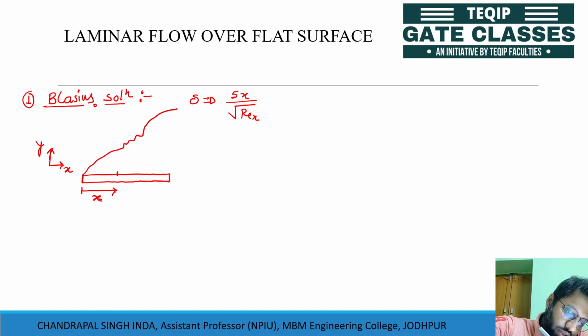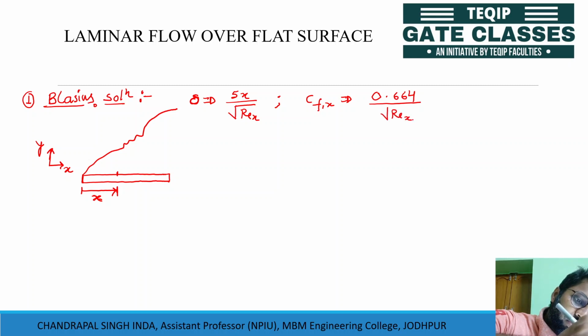So we can find the value of the boundary layer thickness at every section on the flat plate if we have the distance from the leading edge. Here we have one more result, the local skin friction coefficient, whose value is 0.664 divided by the square root of the local Reynolds number.